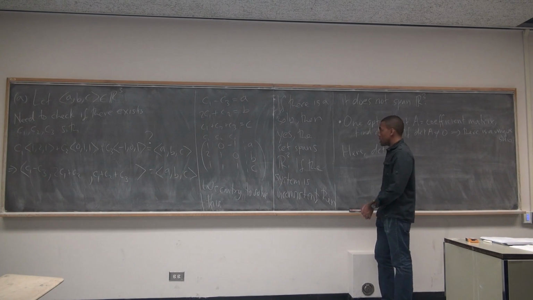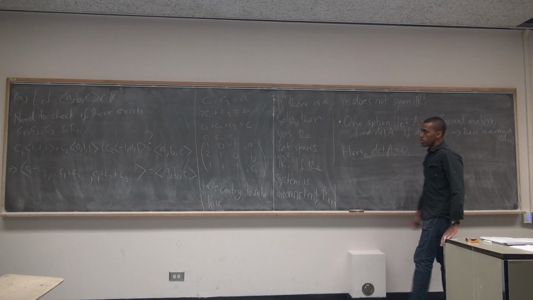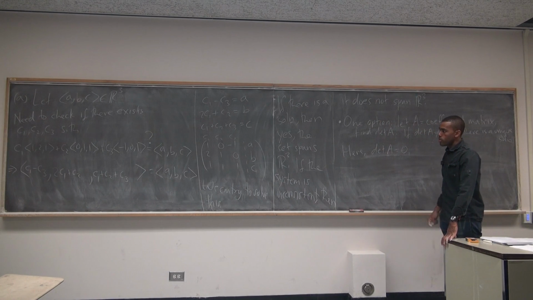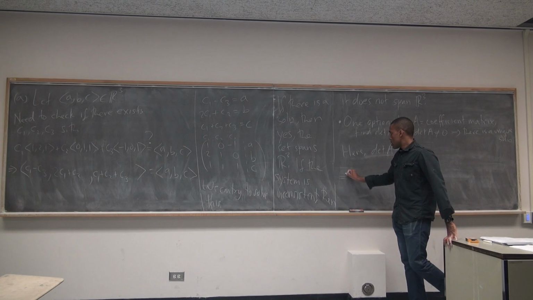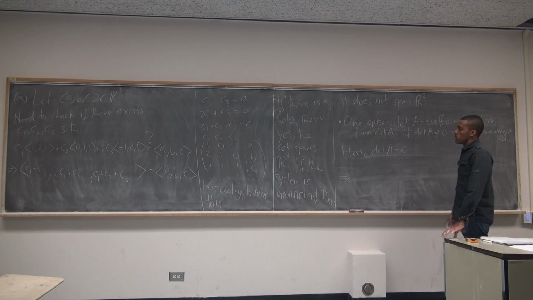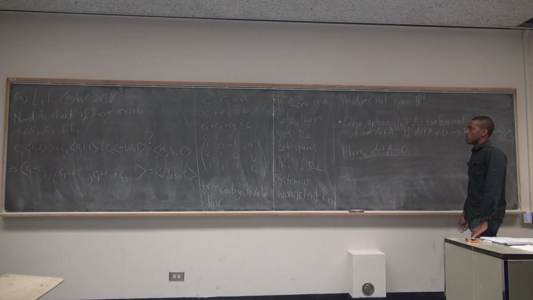So what we'd have to do here is do the row echelon form, and hopefully you get something that's consistent. But what would that mean here? If the determinant is 0, what would that mean?